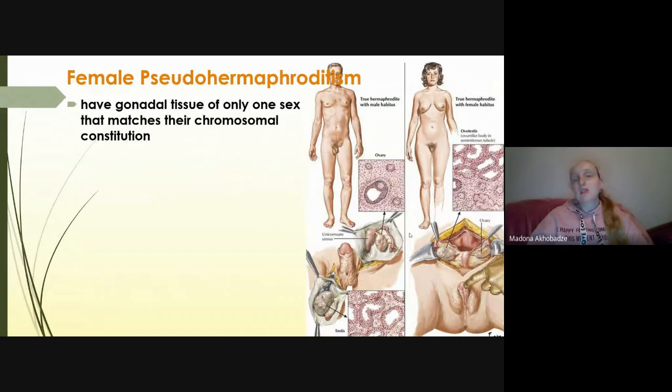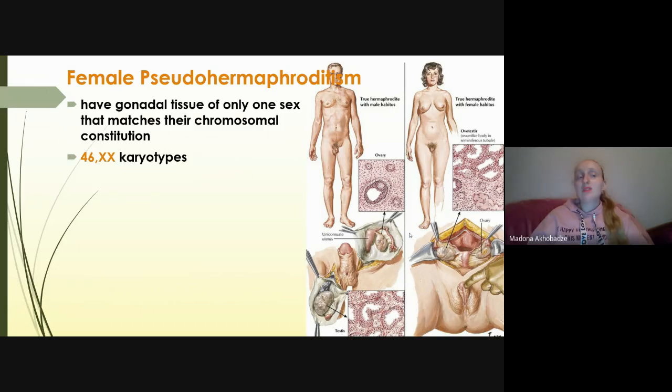So they have gonadal tissue of only one sex that matches their chromosomal constitution. It means if they have two X chromosomes, they have female gonadal tissue. If they have X and Y, they have male gonadal tissue.